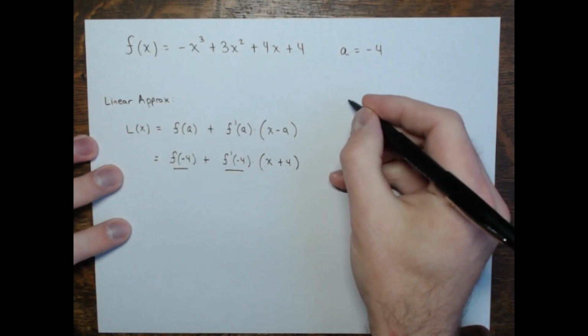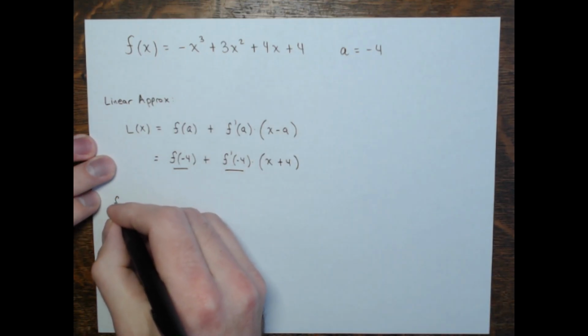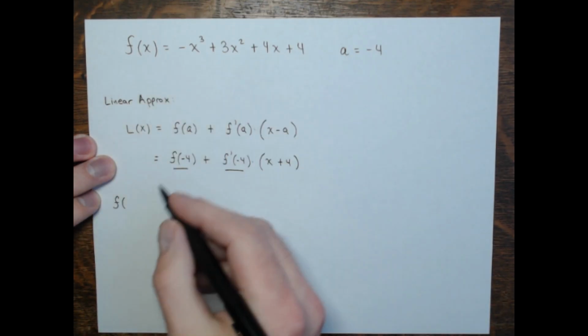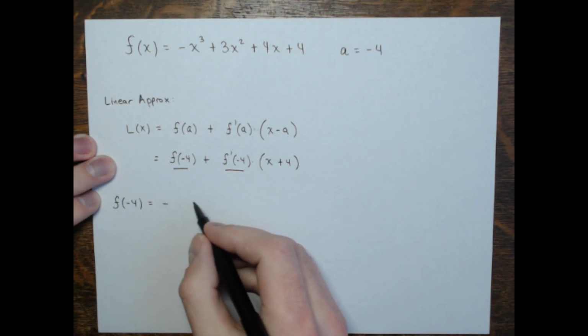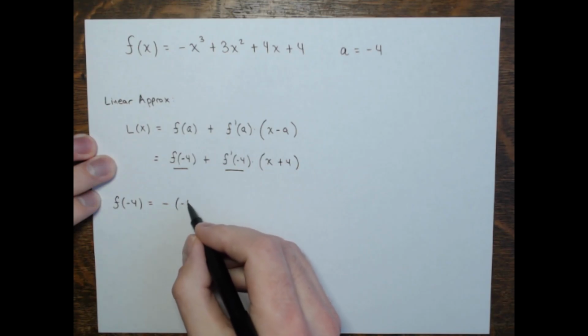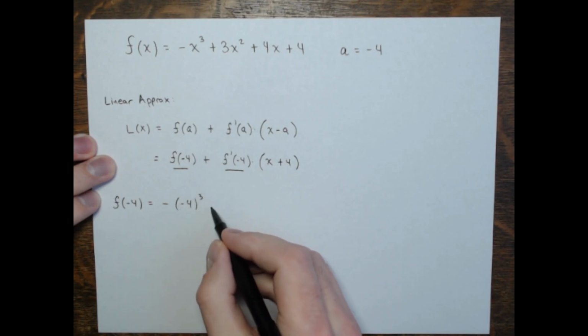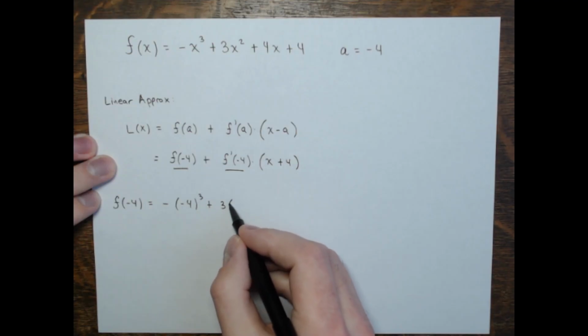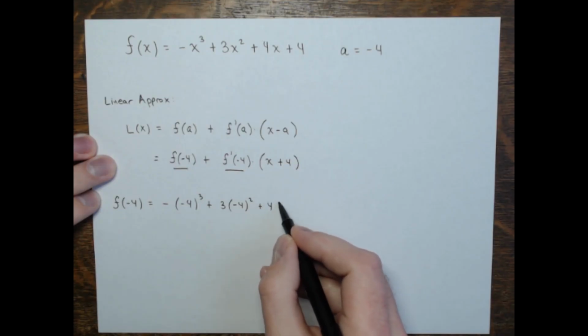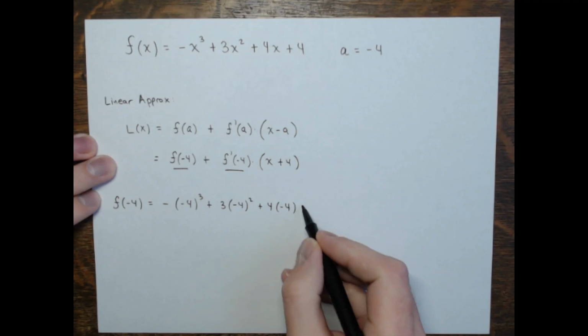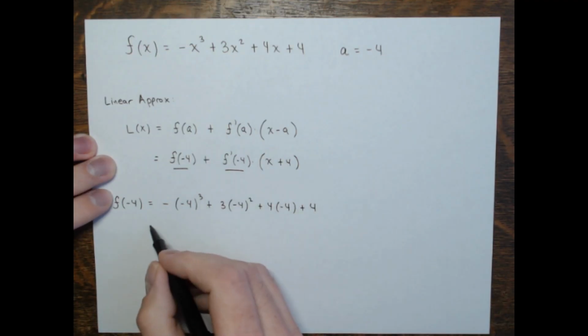So the value of f, the actual value of the function at negative 4, is the opposite of negative 1 times negative 4 cubed plus 3 times negative 4 squared plus 4 times negative 4 and plus 4.